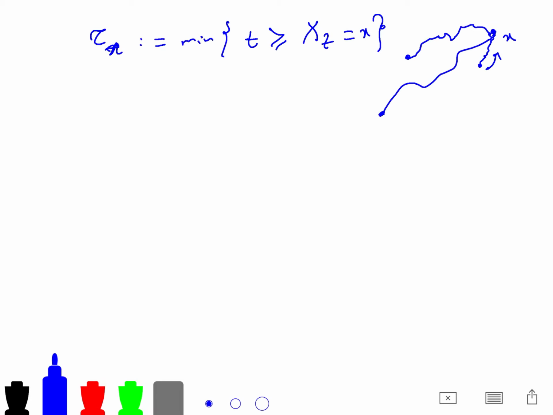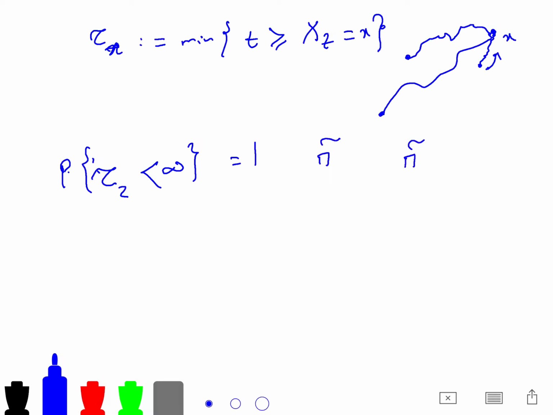And why do we care about this? There is a proposition that says if the probability that tau z is less than infinity is equal to 1, then pi tilde satisfies pi tilde P equals pi tilde.